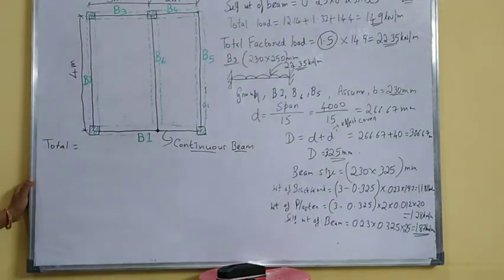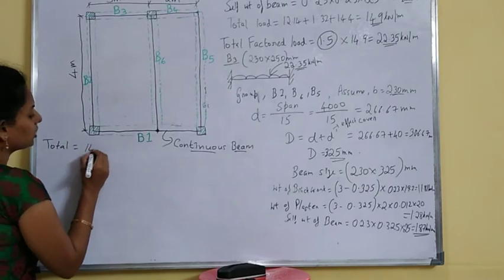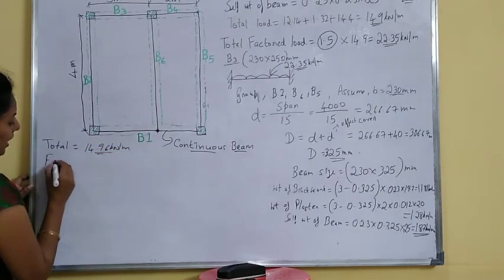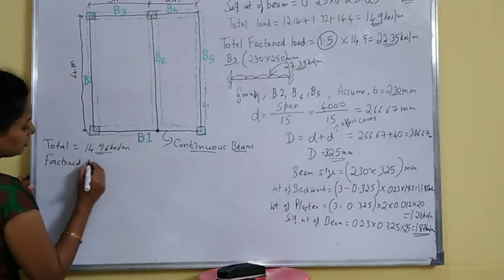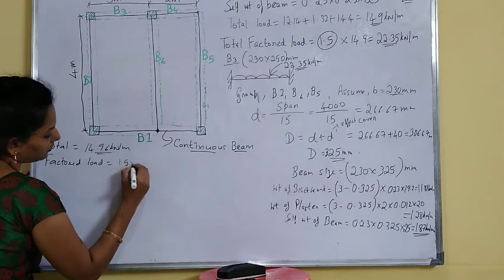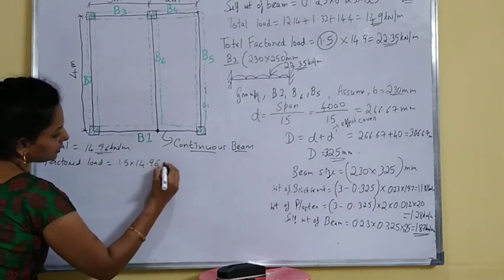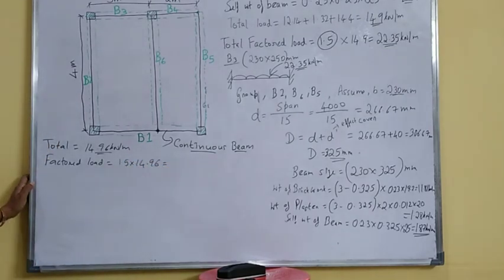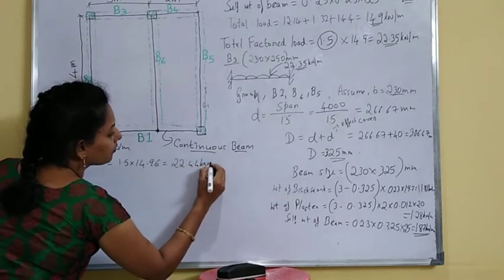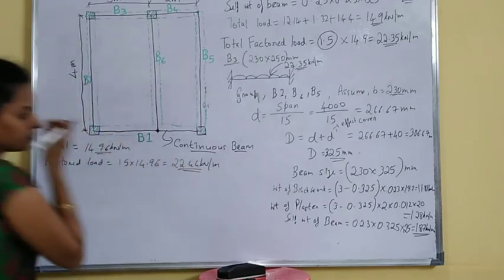Total is nothing but 14.96. Therefore factored load is 1.5 into 14.96, that is nothing but 22.44. Okay.